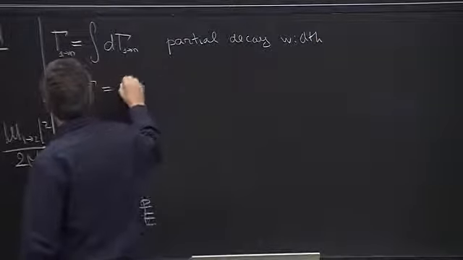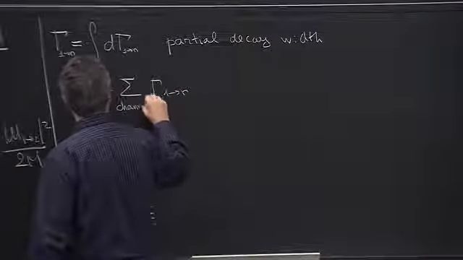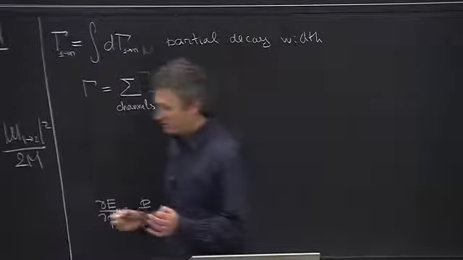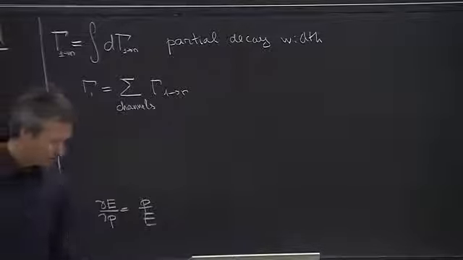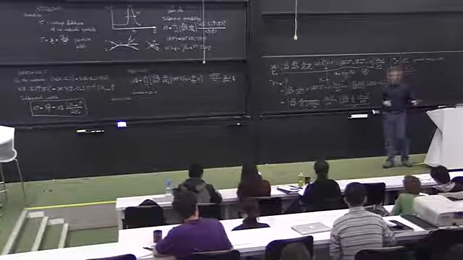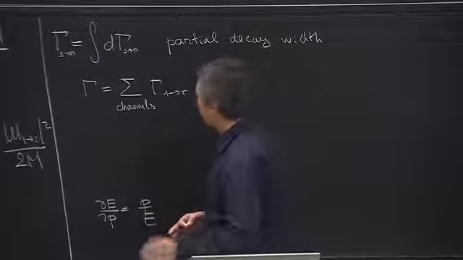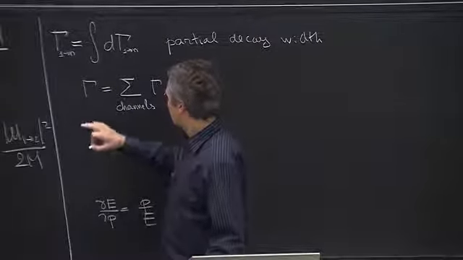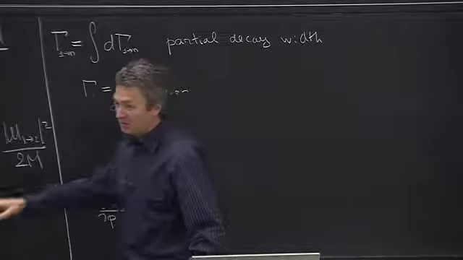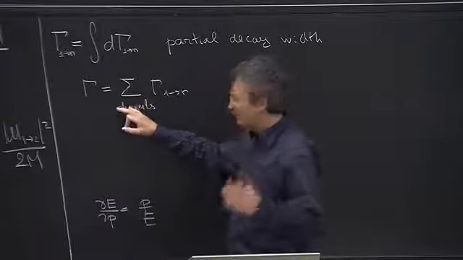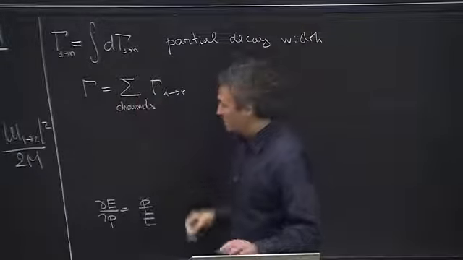The total decay width is equal to the sum over all channels. Typically, if you consider some unstable particle, it may have different decay channels, and the probability of decaying into some particular final state would be given by the partial decay width, and the particle's lifetime is given by the total. Unlike probabilities added in quadrature, the decay widths are added linearly, and so the total probability is characterized by the sum over all channels.